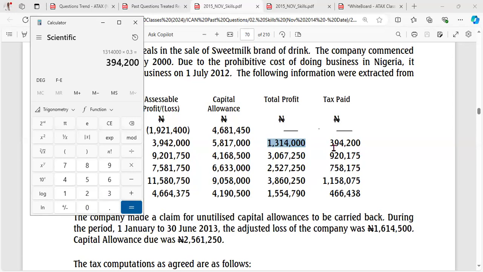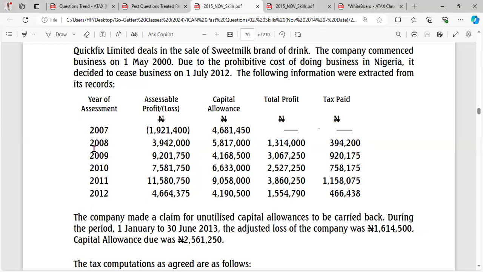Now if you want to go from here, tax paid, to total profit, all you need to do is to divide your tax by 0.3. That will give you your total profit. I want you to remember this conversion principle as we are going to use it in this question. All right? So the same applies to all of these.